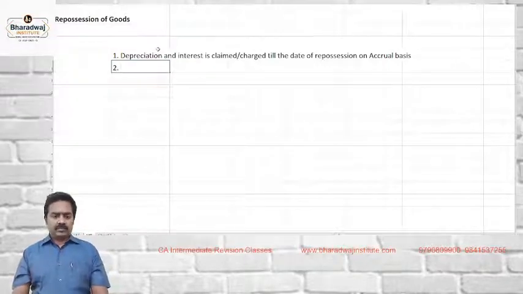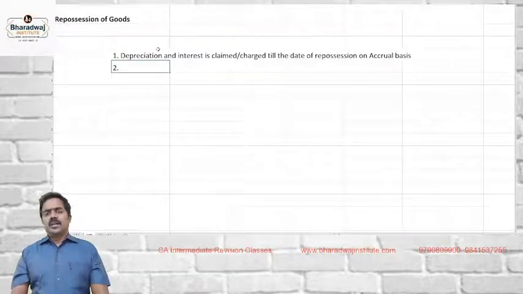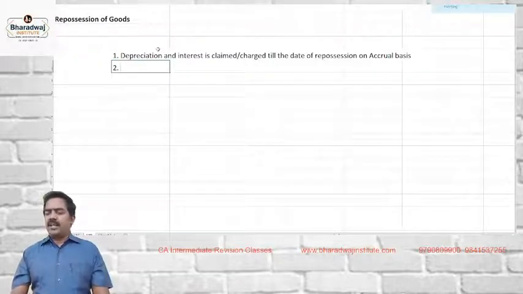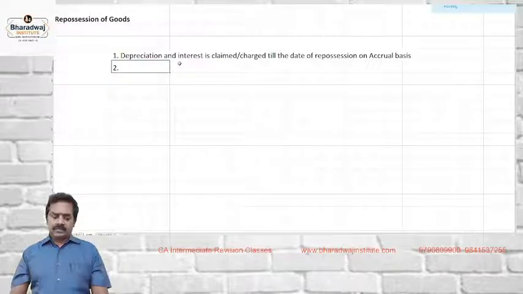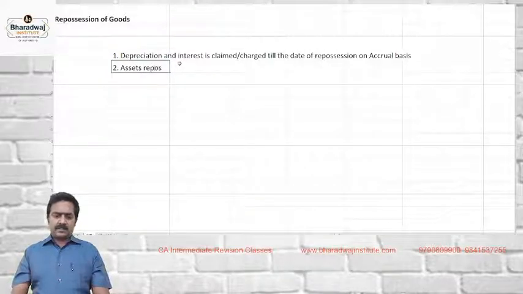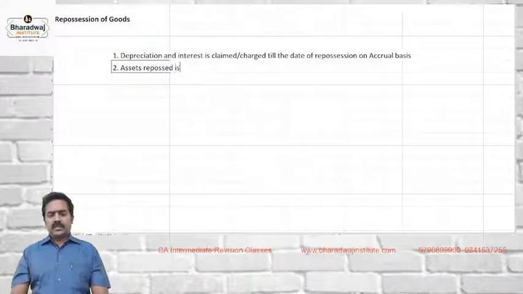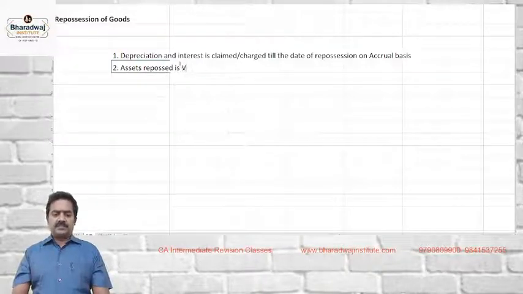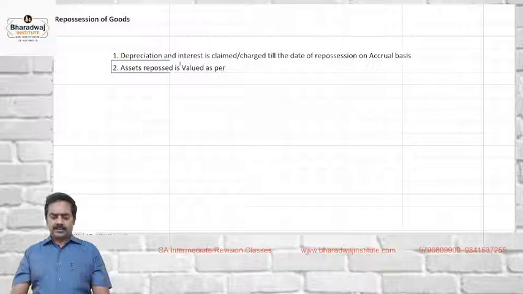Number two. Whether the vendor and buyer will agree on the same value. Assets repossessed are revalued, or you can say valued, as per hire purchaser and hire vendor terms.